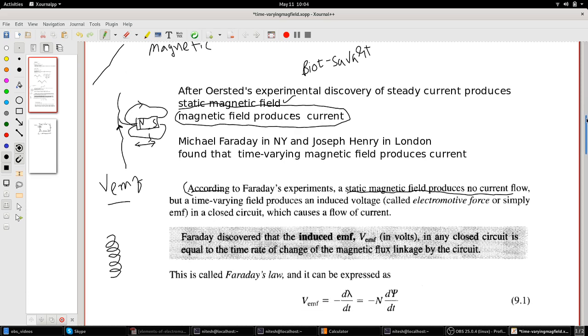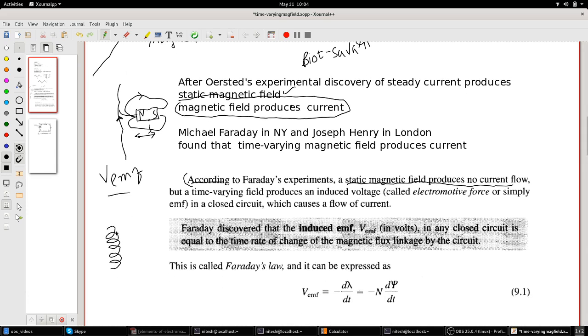What he said was that the EMF in any closed circuit is equal to the time rate of change of flux. So EMF is induced in this case, which is directly proportional to the rate of change of magnetic flux linkage by the circuit.